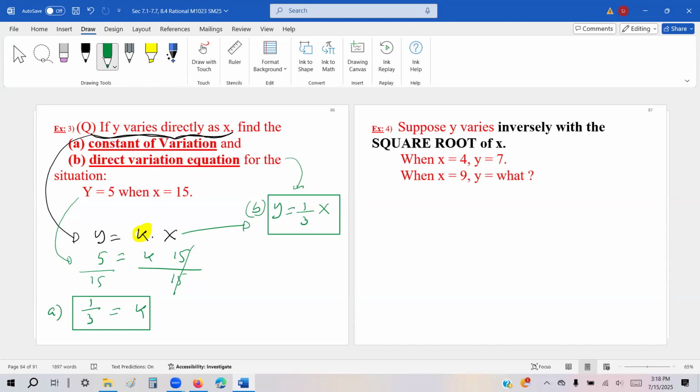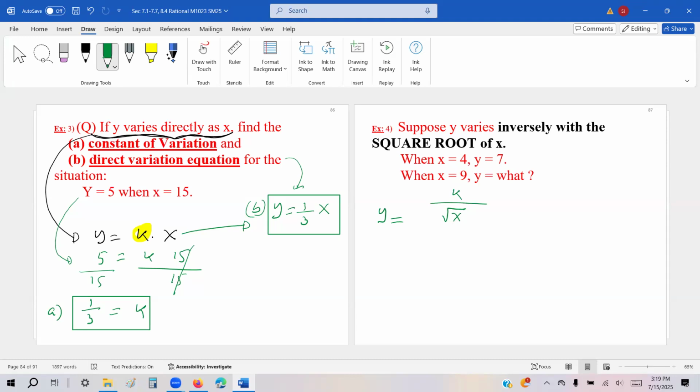So two things are changing: y and square root of x. How are they changing? Directly or inversely? Inversely means where is our k? So inverse means y has to be on the top, square root of x has to be on the denominator. And you multiply with that.